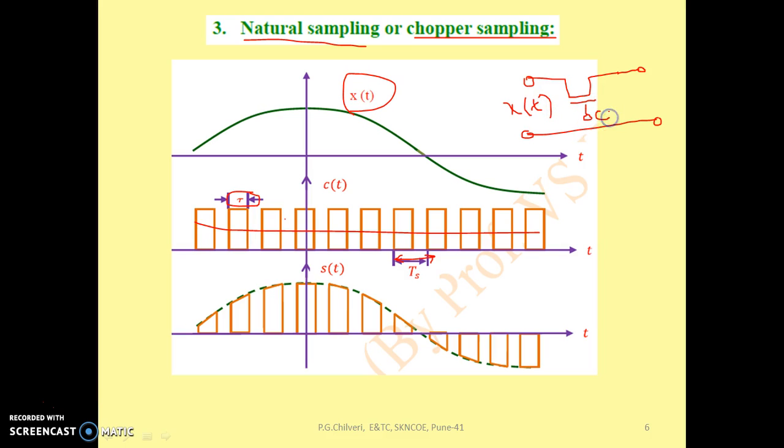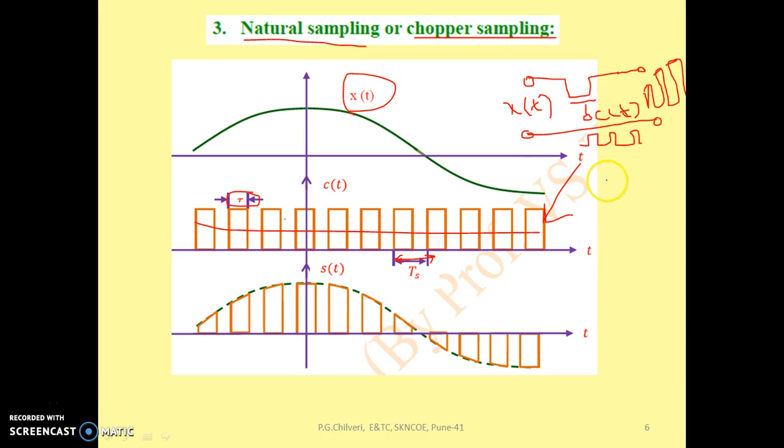Here you apply c of t, the sampling signal, which will be something like this, pulses of equal width like this. And what you have here is your signal sampled something like this. So this is how it is generated.